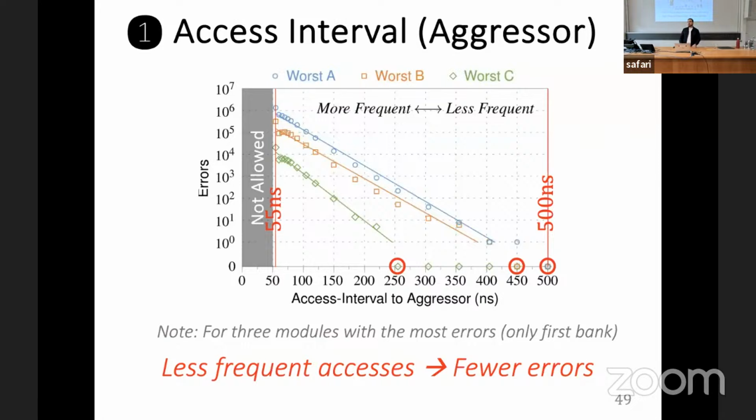So you're looking at realistic cases. In this case, you cannot send activations sooner than 55 nanoseconds.